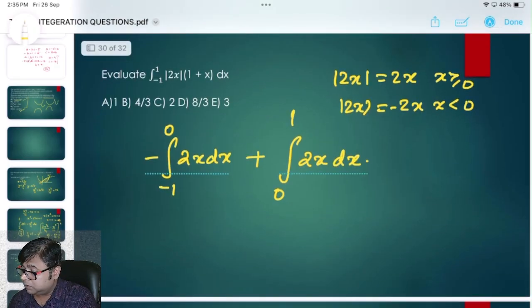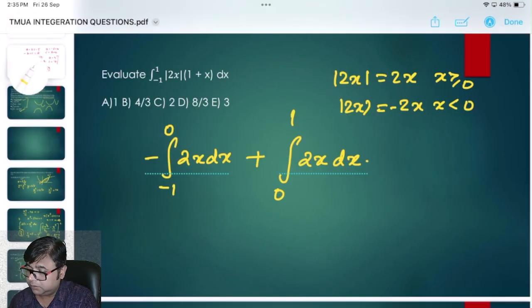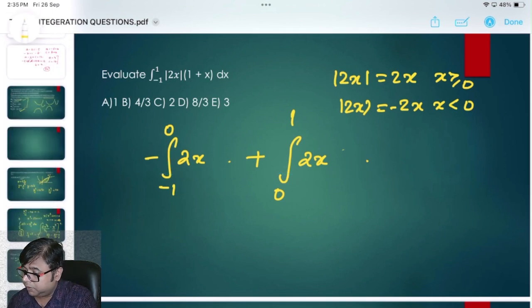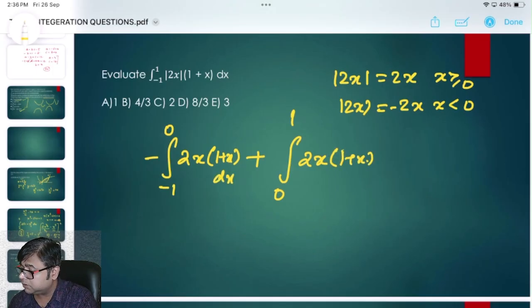Right? No, sorry, it's 1 plus x also associated with it. Just a minute. So it gives me 1 plus x dx, and this will give me 1 plus x dx.